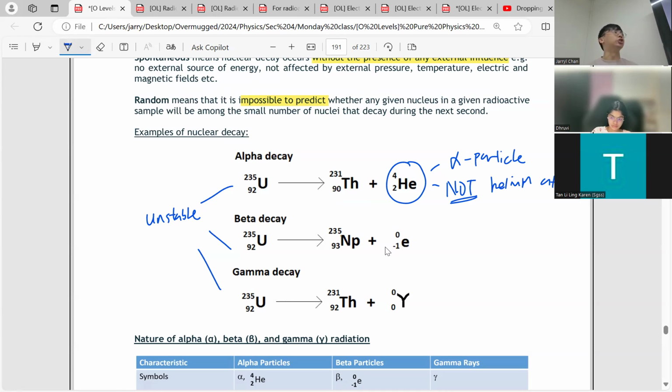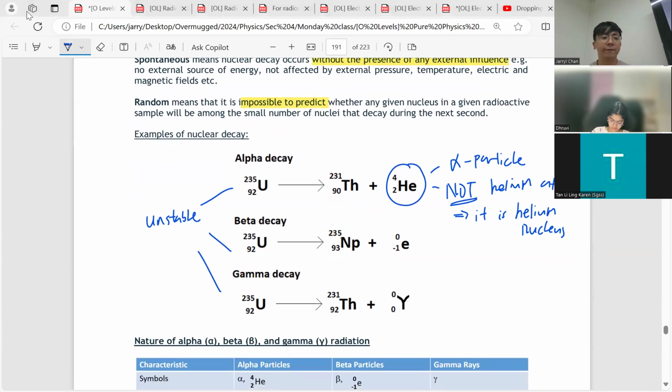So this is showing the nucleus of the helium. It is a helium nucleus. Things to note, therefore the top number and the bottom number do not change. The 235, 231, 4, 92, 92.